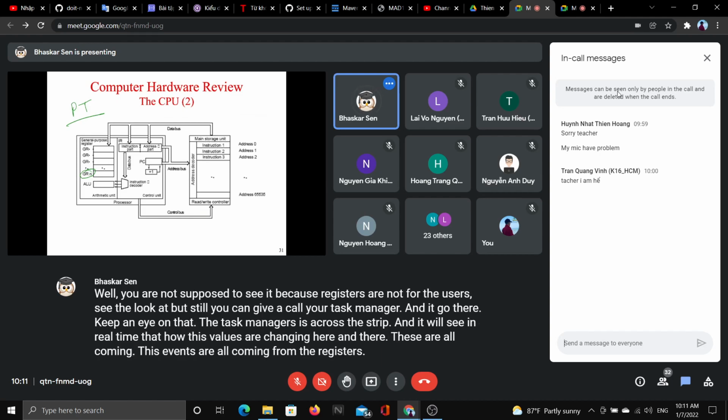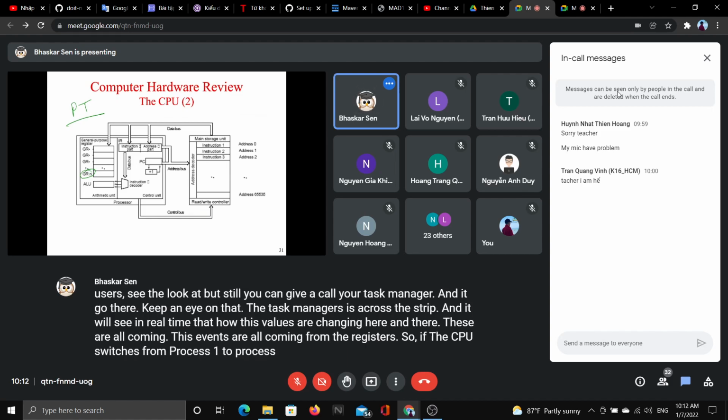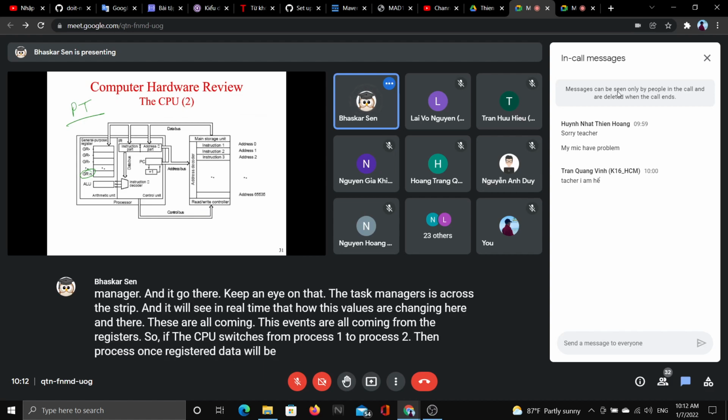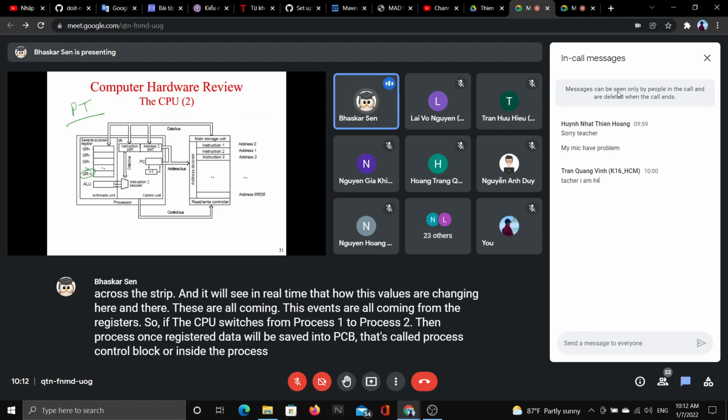So if the CPU switches from process 1 to process 2, then process 1's register data will be saved into the PCB, that's called process control block, or inside the process table, PT.